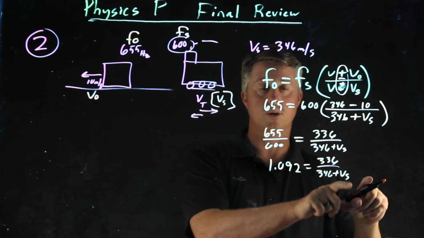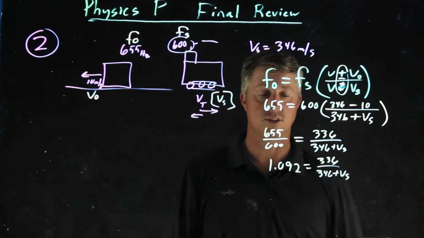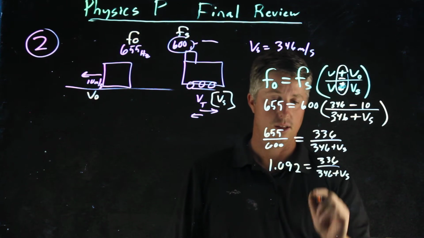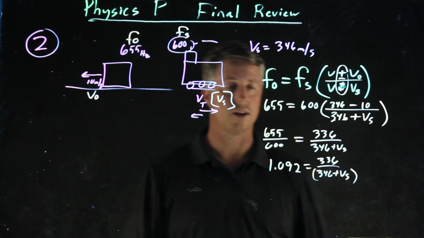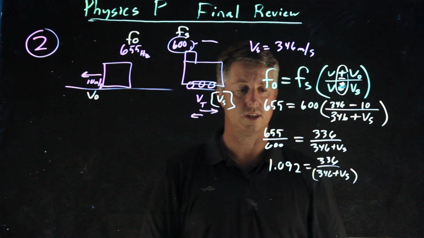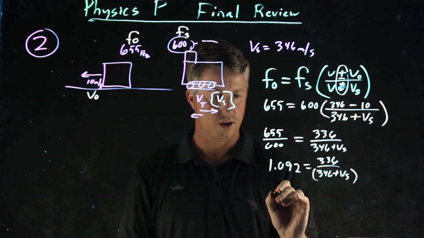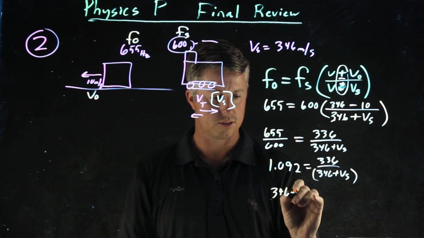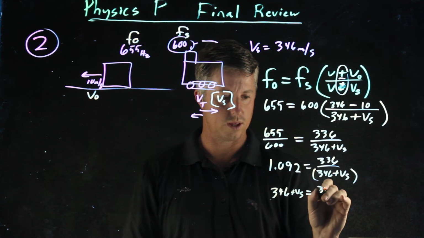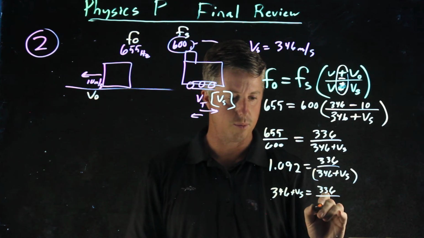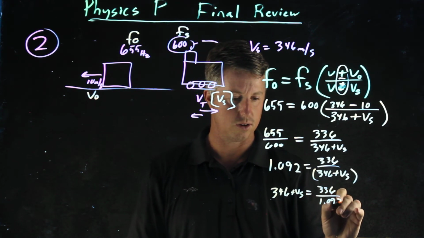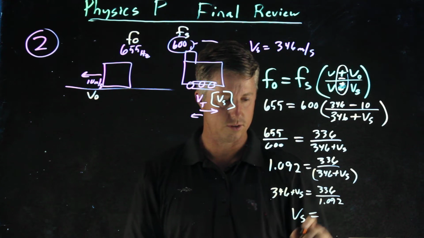I'm going to divide both sides by 1.092 and multiply by the entire denominator, basically switching these, and I will get 346 plus Vs is equal to 336 divided by 1.092. Now we just solve for Vs.